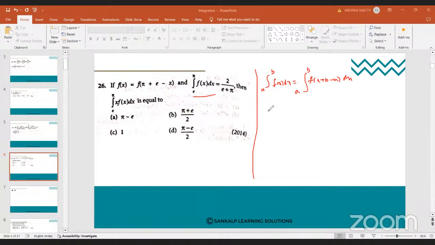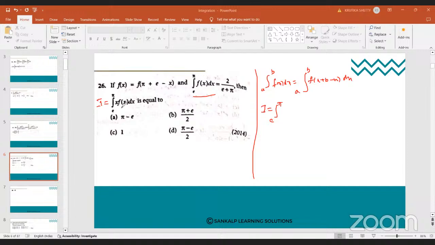So using this property, the given integral I can be written as, say, the integral from e to pi. This integral we are considering as I. So it is e to pi x f of x dx.